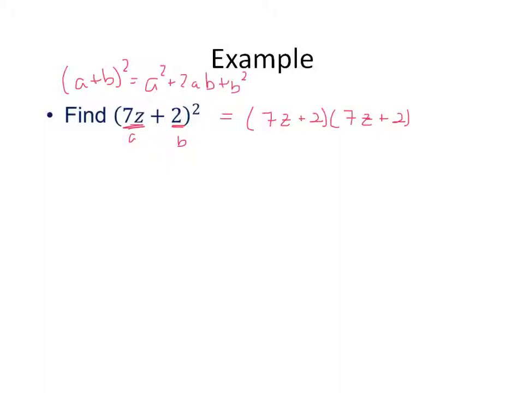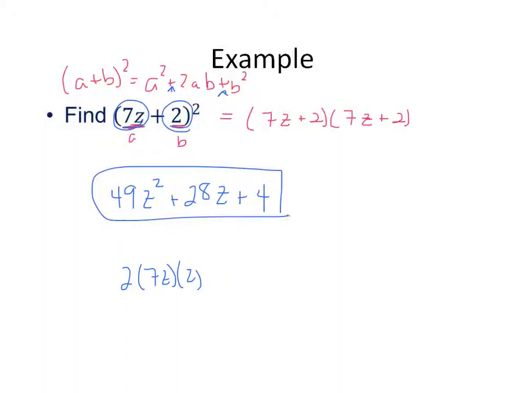Then you square this, which would be 49z squared. Then there's a plus sign. 2ab, so that is 2 times 7z, because that's your a, times b, which is 2. So that is going to be 28z, another plus sign, plus b squared, which is going to be 4. And there you go.